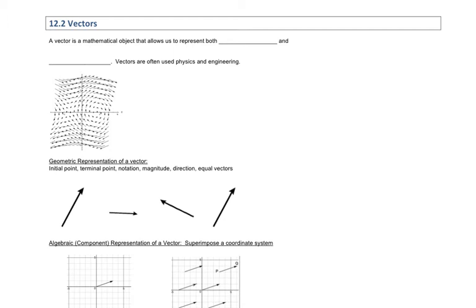So what a vector is, it's a mathematical object that allows us to tie two pieces of information together. Oftentimes we have a physical force, perhaps, where we want to tie together the magnitude of that force together with the direction.